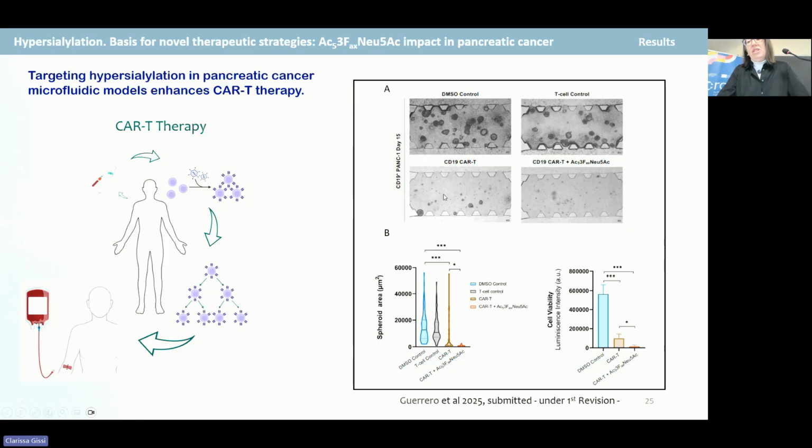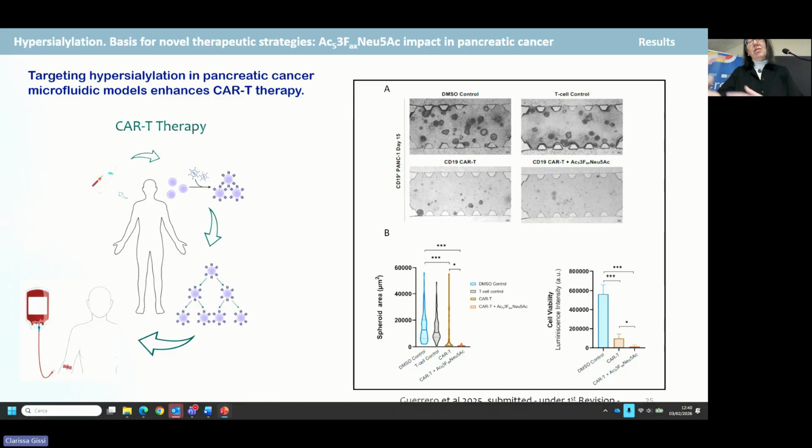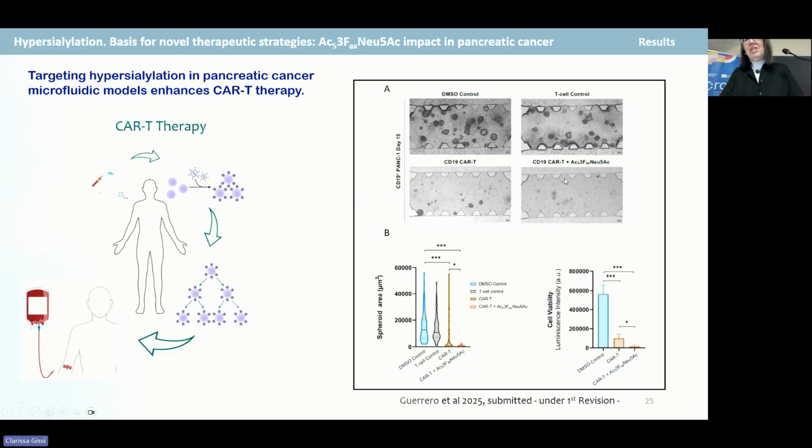You can see that there is a decrease of the tumor cells after 15 days of co-culturing the cancer cells and the CAR-T cells. And when we treated this co-culture with the inhibitor, there was an even higher decrease of the tumor cells, this difference over here.